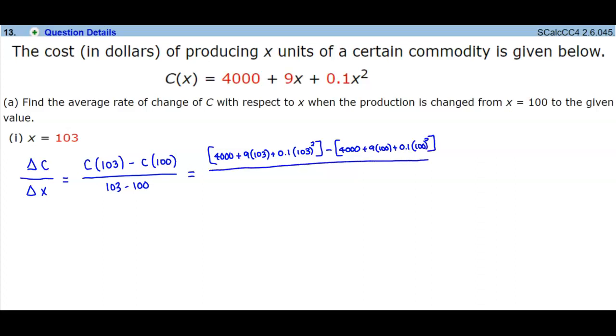And then we're going to divide that by 103 minus 100.